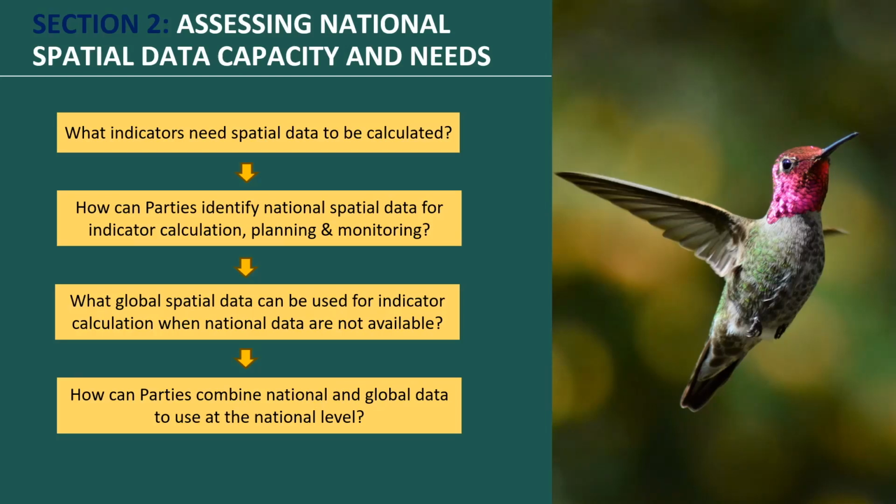Third, what global spatial data can be used when national data are not available? And fourth, how can parties combine national and global data to use at the national level? So we provide more information on the responses to all of these questions in the guidance, and today I'll try to provide a brief introduction of each. So let's start with the indicators that need spatial data to be calculated. Next slide.